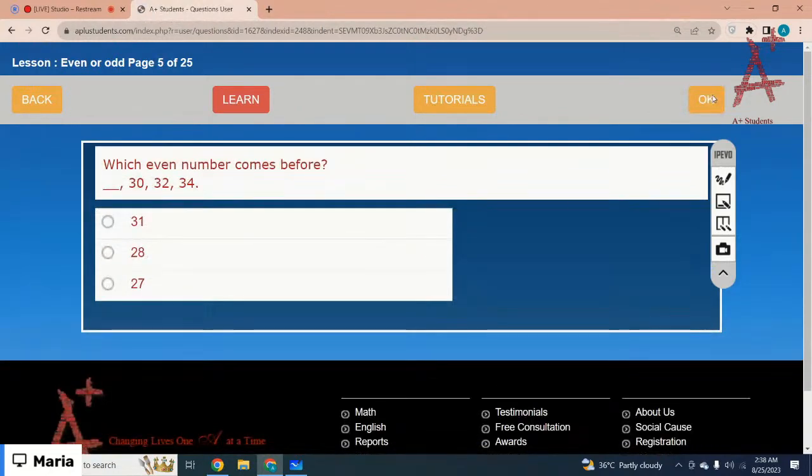Which even number comes before? So you have to go back by 2, right?